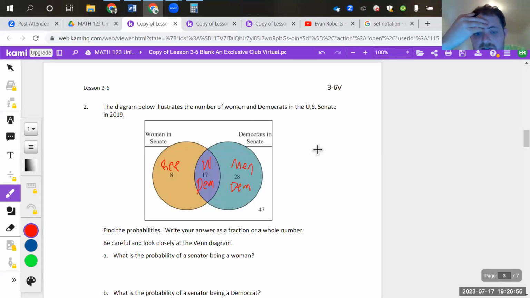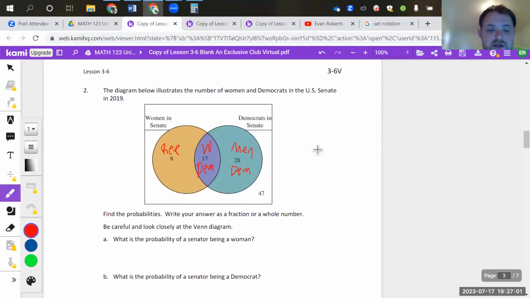For part A, what's the probability that a senator is a woman? There's 8 women Republicans and 17 Democrats out of the 100. So you just got to read it slowly, again making notes of what each number means. That 47, I didn't mention that yet. That represents people that are not Democratic and not women.